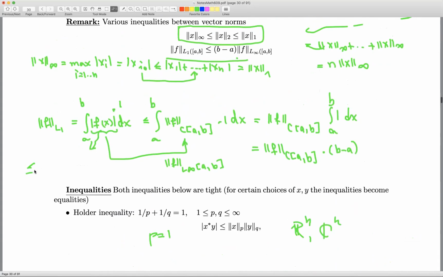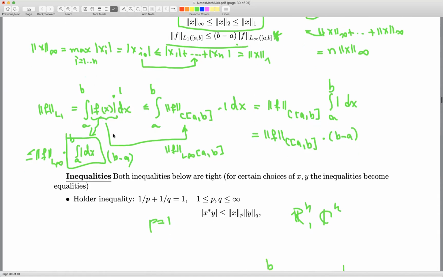So this will be less than or equal to the L infinity norm of the function f times the 1 norm of the function 1. Well, the 1 norm of the function 1 is the integral from a to b of 1 dx, and this will give you exactly b minus a. So you can view this inequality as the Hölder inequality applied to the function f of x and the function 1.